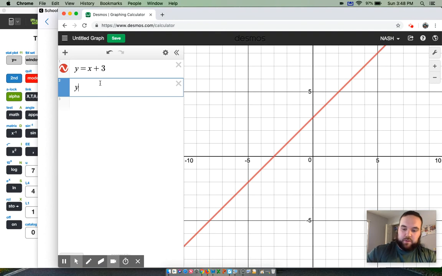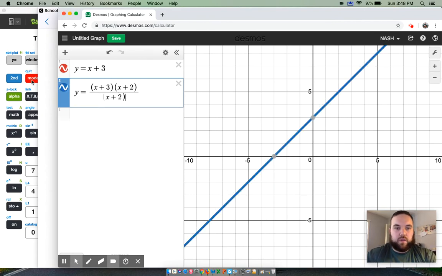Now, if I type the function that we just had, which is (x plus 3)(x plus 2) over (x plus 2), you'll notice that if I take the red one out, this is the exact same graph. I can switch between blue and red. They are the exact same thing. They sit right on top of one another.